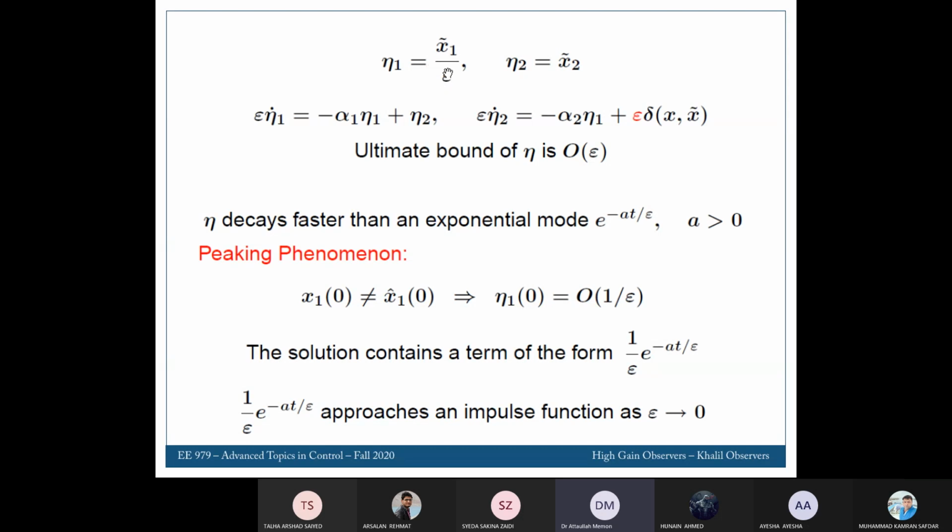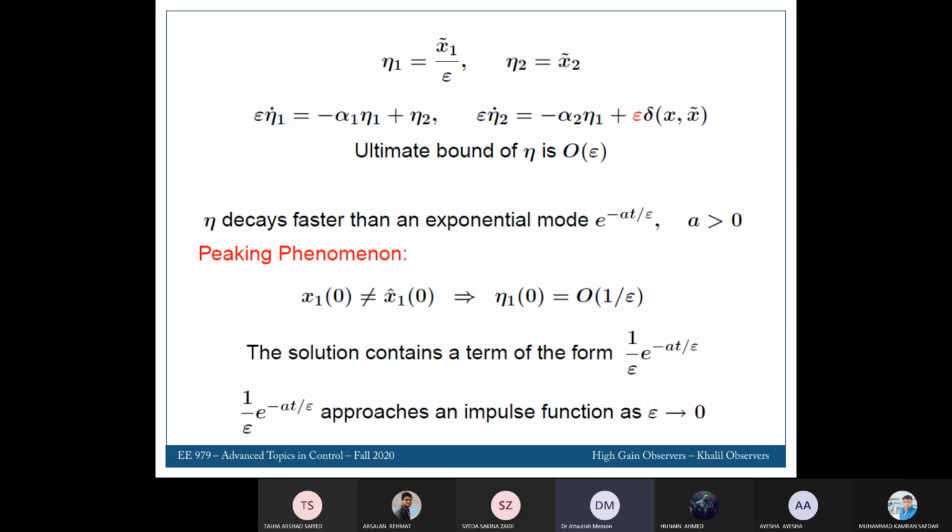Once we have defined these, I take the derivative of these, and with a simple manipulation, by substituting x1 tilde dot and x2 tilde dot, I end up with these two equations. We have not covered this topic in our courses. It is a result from singular perturbation theory, because if epsilon goes to zero, we have singularity in these equations.